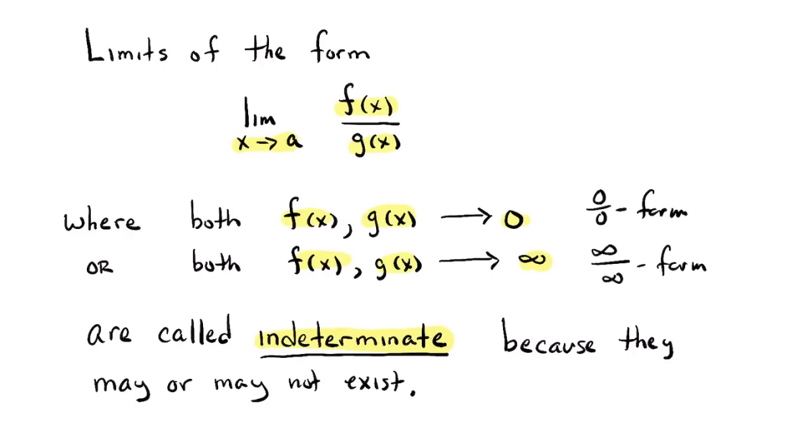Why are they indeterminate? Because those limits may or may not exist. We've seen enough examples that depending on f and g, a limit of a fraction like that might exist and it might not. Let's talk about the 0 over 0 case first. When the numerator of a fraction is approaching 0, that's influencing the fraction to want to be small, close to 0.